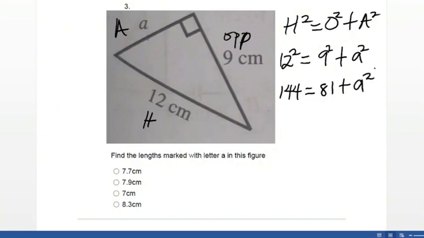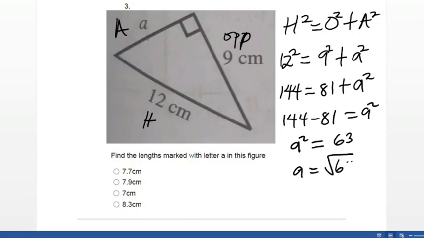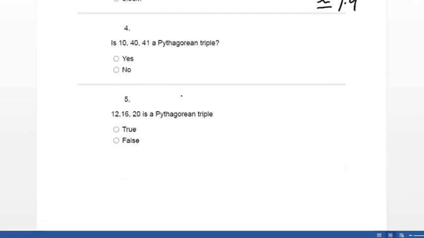So that is 144 minus 81 equals a squared. Therefore, a squared equals 63. So then a equals the square root of 63. Finding the square root of 63 gives us 7.937, so approximately it is 7.9, which is this option here. I believe this is very clear to you. All right, so move to the next one, and that is question number 4.